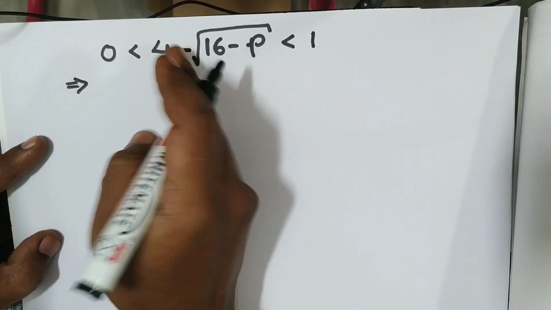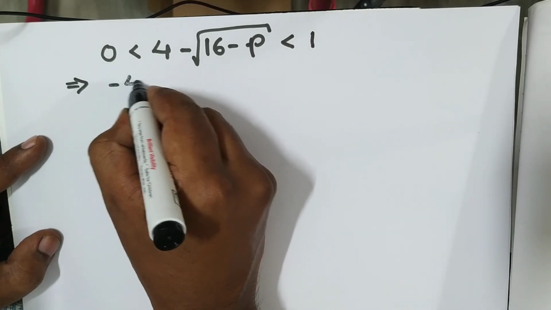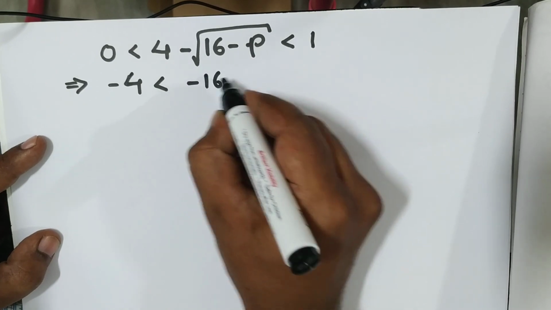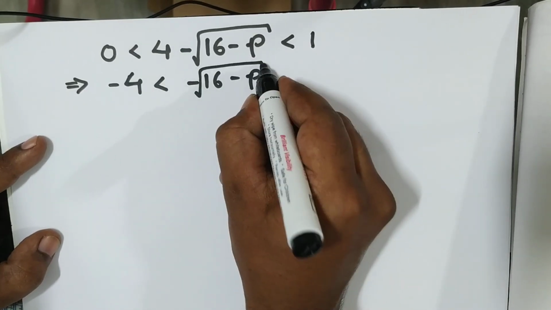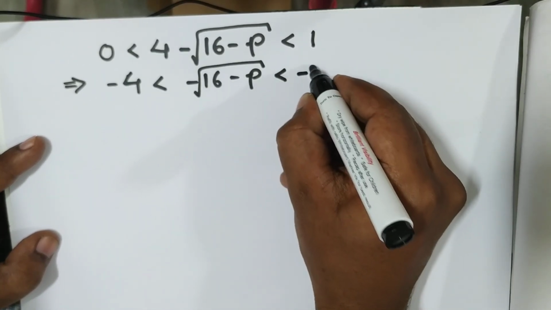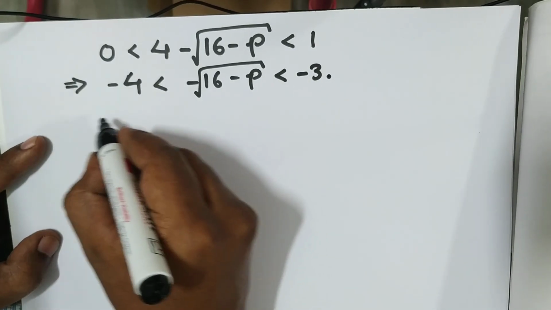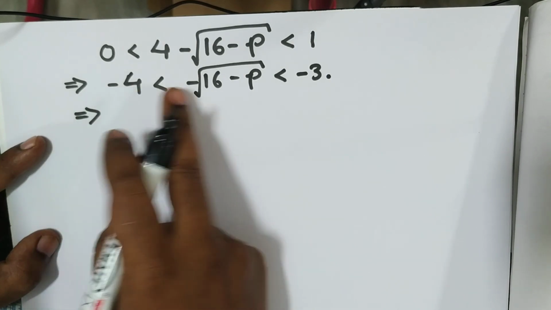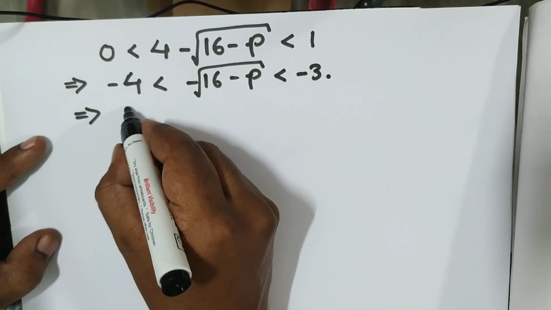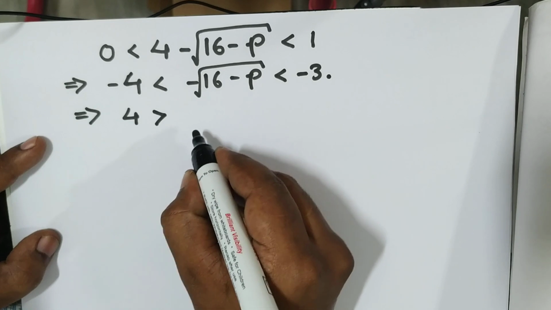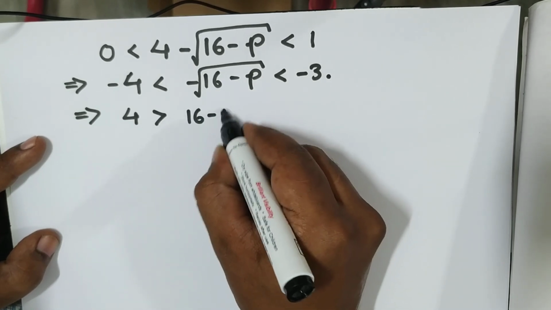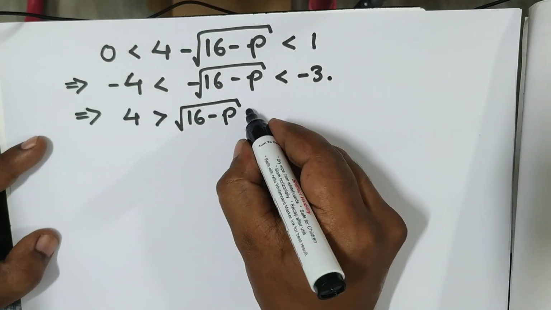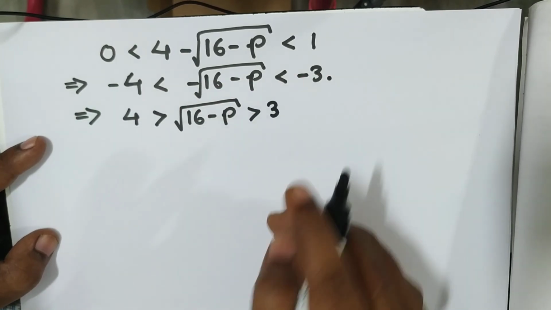Now this is simple, right? You simplify this, you bring this 4 to the left hand side, so 4 minus square root of 16 minus p. Now I just multiply by a negative sign throughout. If I do so, everything must change, so the inequality reverses and we get square root of 16 minus p greater than 3.